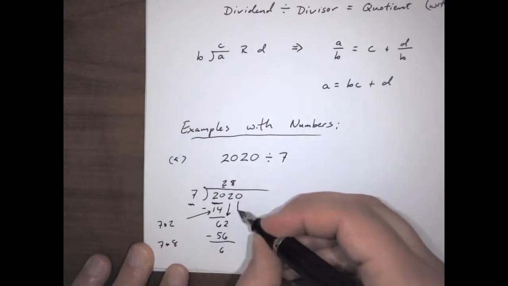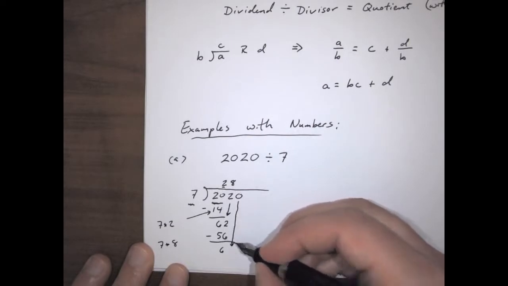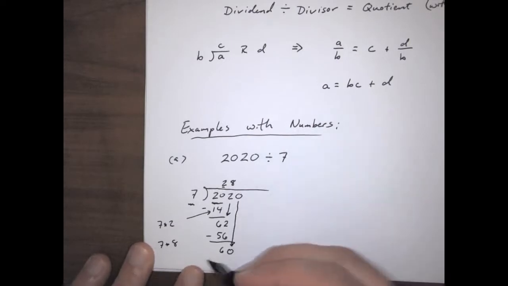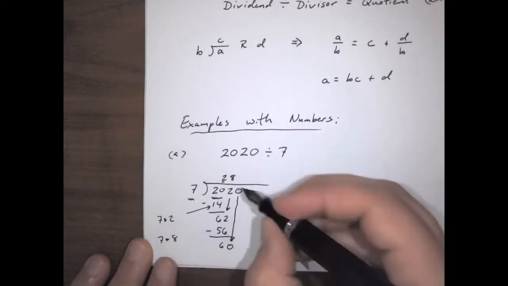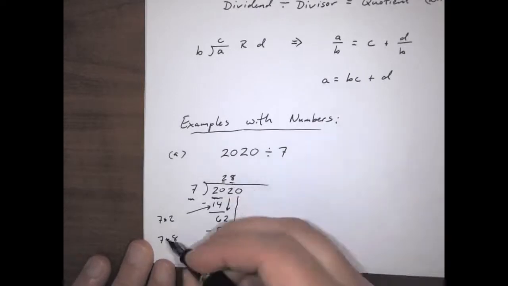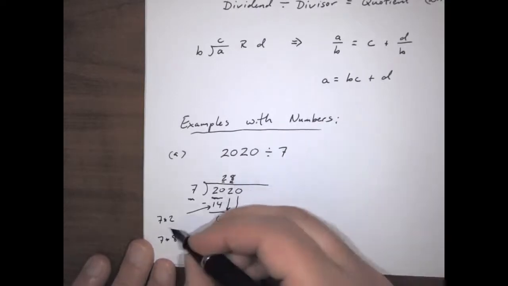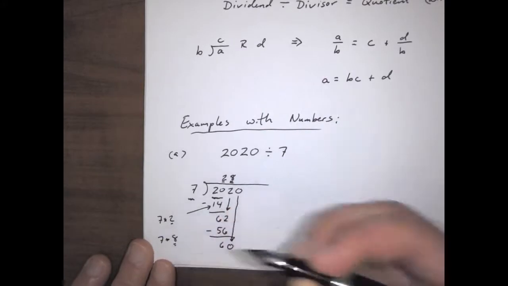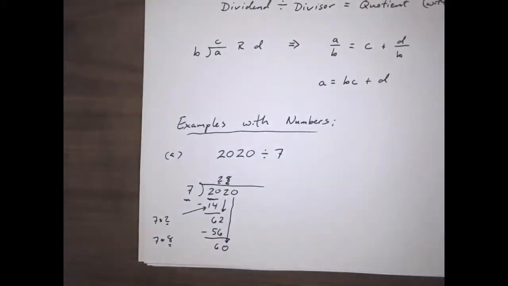And then down comes the 0. So you have a 60. And now you ask yourself the same old question again. So these are the various parts that are going into that. How many times does 7 go into that number down there?